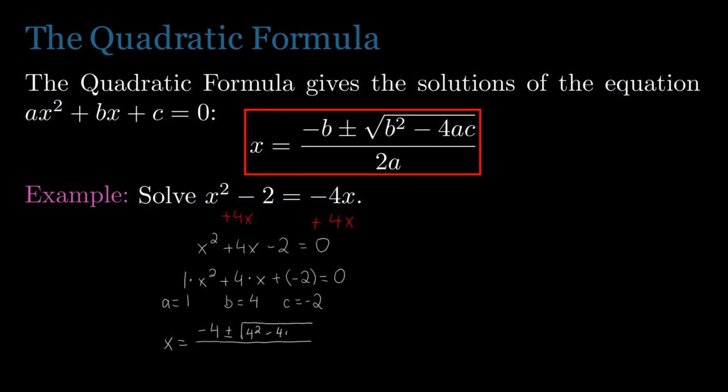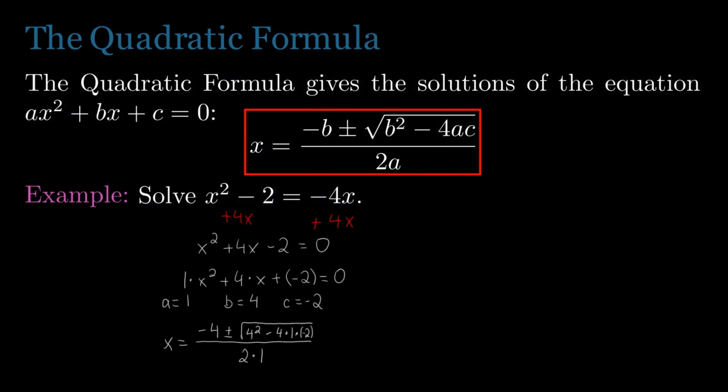So 4 times our a of 1 and times c, which is negative 2. We'll have to be very careful with the signs. This is all over 2 times that leading coefficient a. So in our case, 2 times 1.